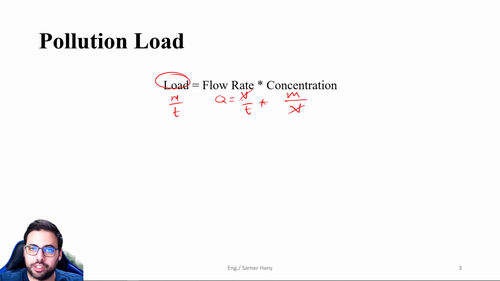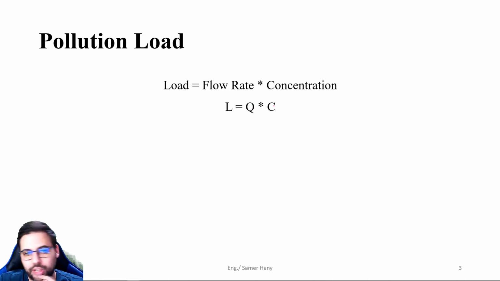So volumes cancel out, and we're left with mass over time. Okay, this is the load. And just to remove all the writings here, L for short, load, is equal to Q, the flow rate, times the concentration.